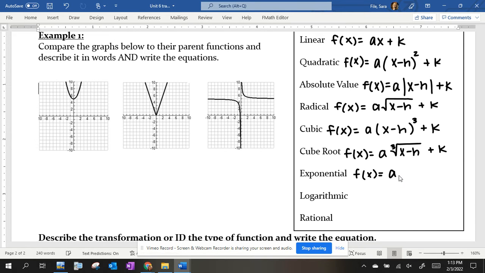So you still multiply by a, but then you have some base value b to the power of x minus h, and then plus k. So the x minus h, that's the inside of the function. It's in the exponent. Logarithmic, you'd have a times the log, some base b, of x minus h. So it's what you're taking the log of, and then plus k outside the parentheses.